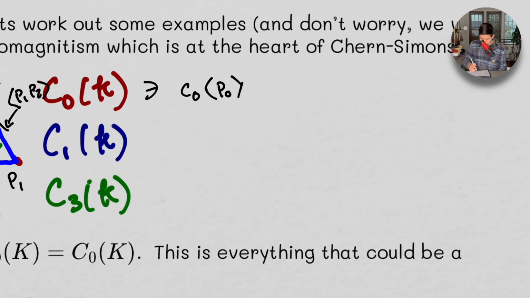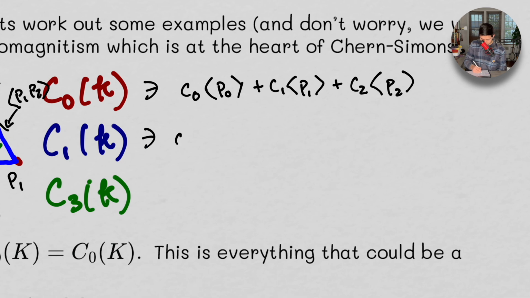Inside here, this is a vector space where we have C1 P1, and then plus C2 P2, and then in this space we have C. This is just a constant, but we'll call it 0, 1.